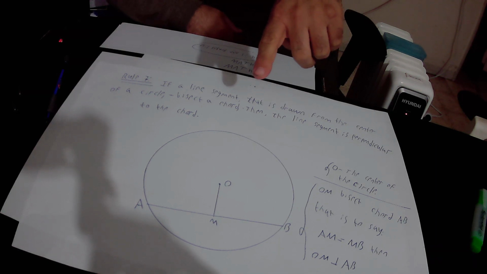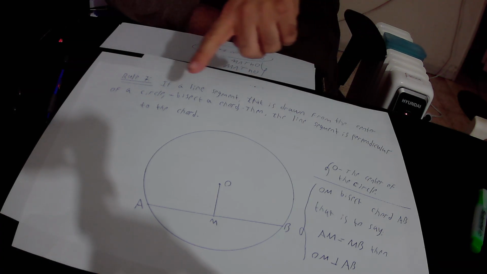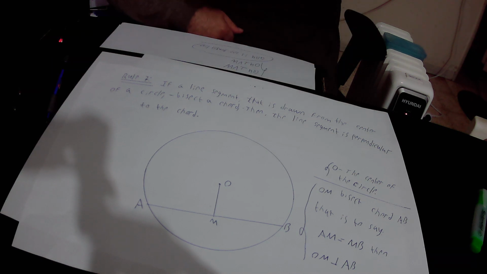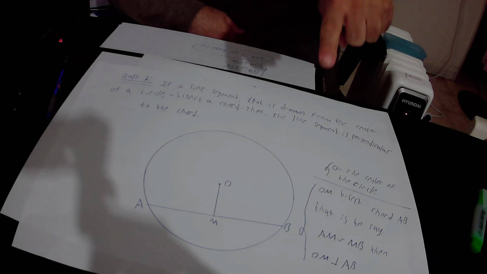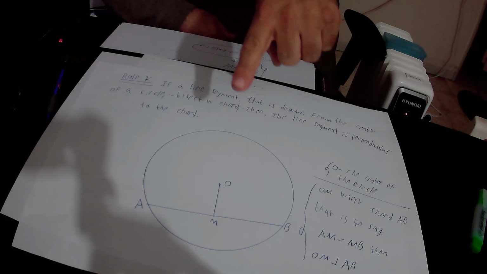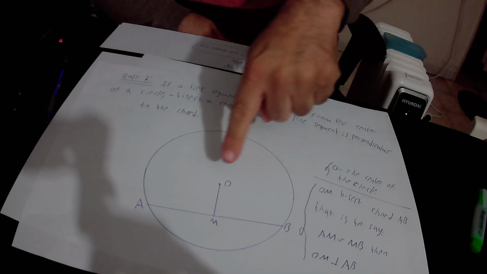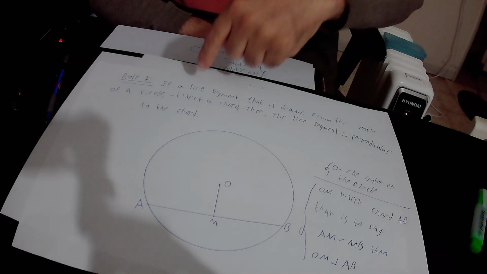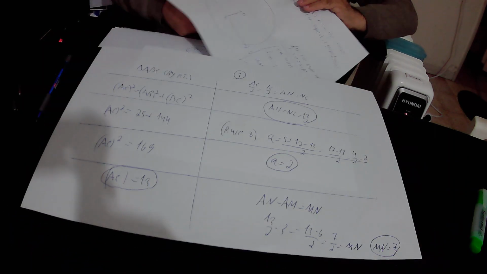Line segment OM from the center of the circle bisects chord AB. That is to say, AM equals MB. So whenever a line segment from the center of a circle bisects a chord, like OM bisects chord AB, then OM is also perpendicular to AB. That is to say, this angle equals 90 degrees and this angle equals 90 degrees.